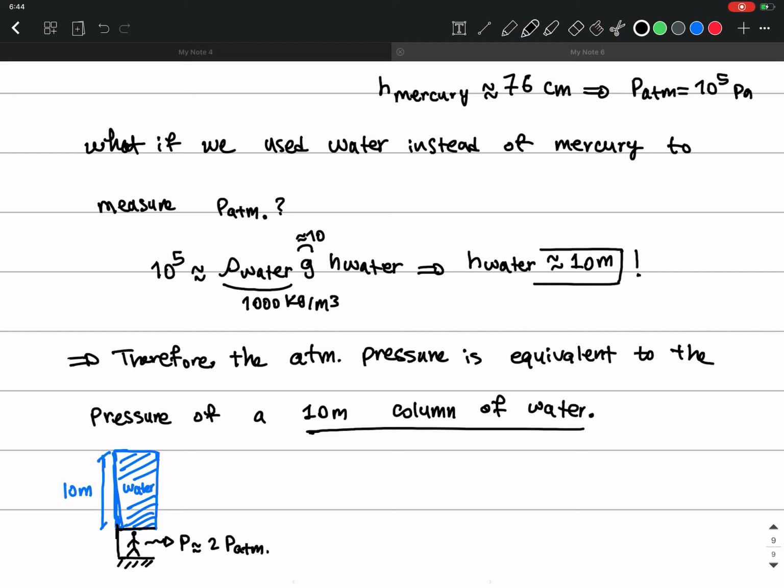Because this is equivalent to atmospheric pressure, and then you also have the atmospheric pressure on top of that acting on the free surface, right?